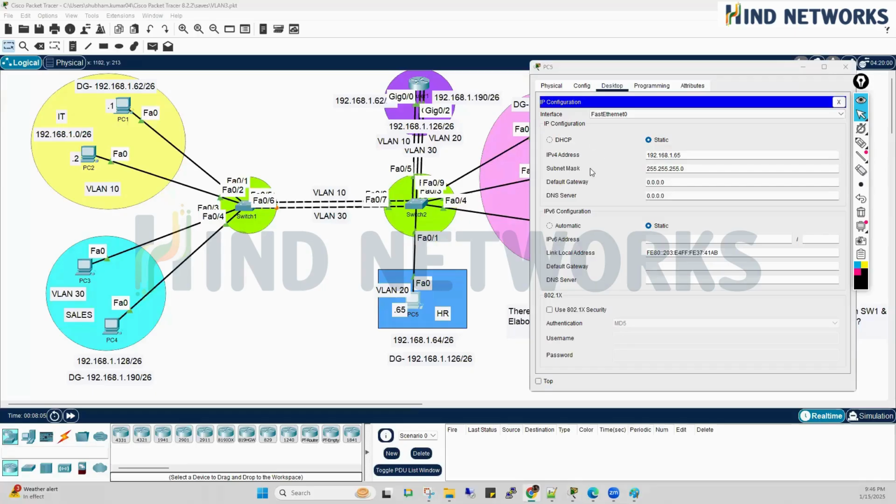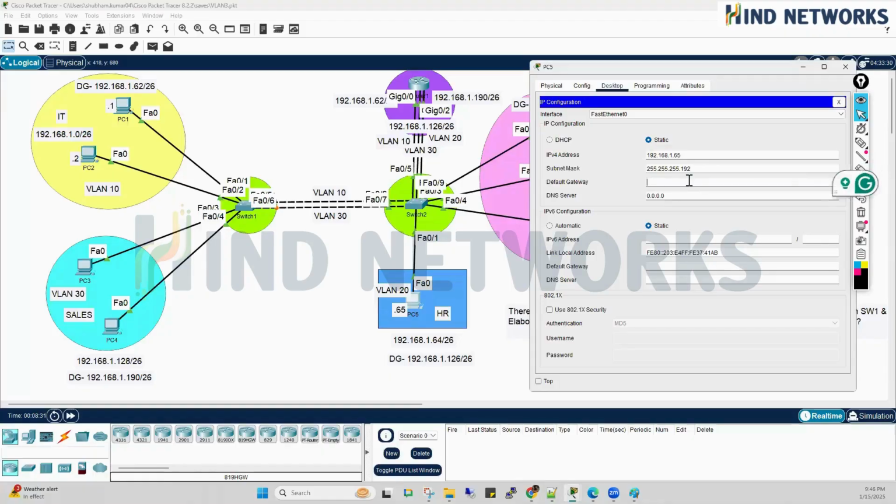Okay, cool. Here I configured 192.168.1.65 because 65 is there. Now when I click here, by default the subnet mask is /24, but I don't think we are using /24. We are using /26. So for /26, what is the subnet mask, guys? 255.255.255.192. That will be the subnet mask here.